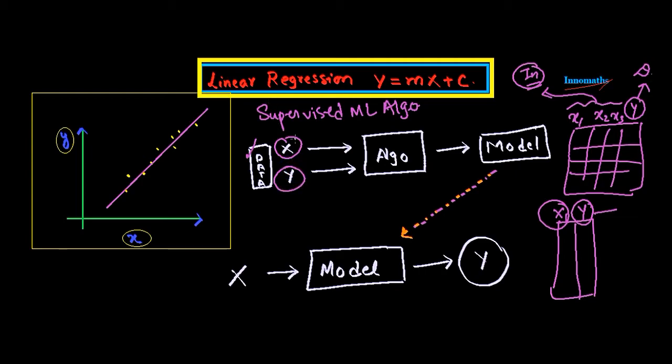In this case we'll be having one independent variable, and we give this data to our algorithm, and the algorithm creates a model based on the experience that it gets from the data, and this model is used in future to predict the output of the input that is given to the model.